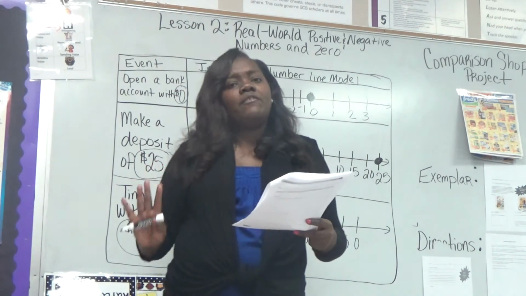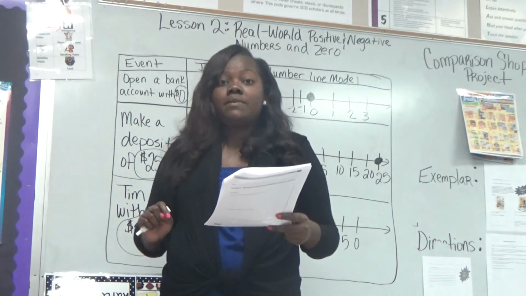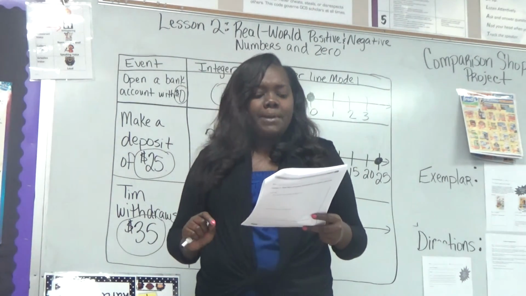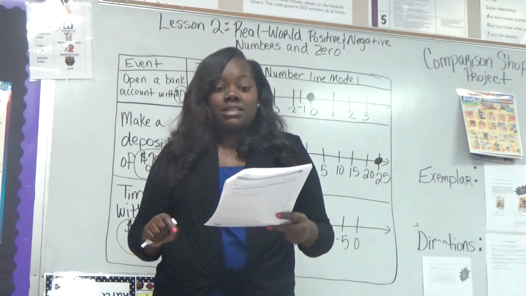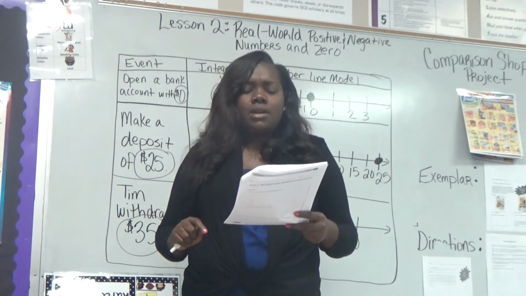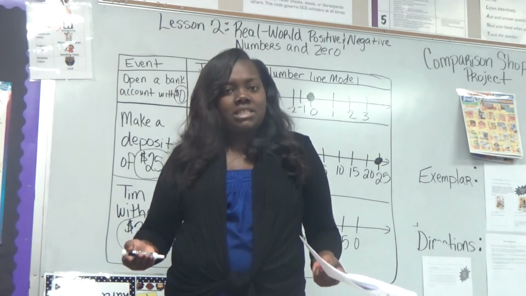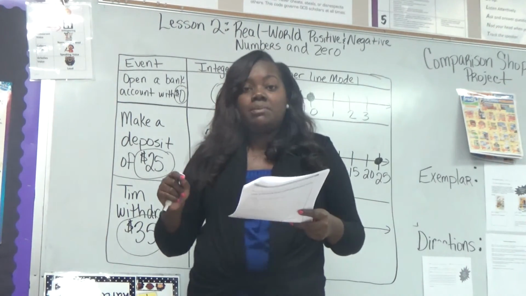When you make it to number 4, right, it says write an integer to represent each of the following situations. So on A, it says a company loses $345,000 in 2011. So if a company loses money, does that mean it's something positive or negative? You're right, it's definitely going to be negative.